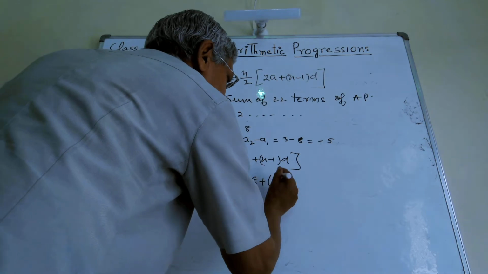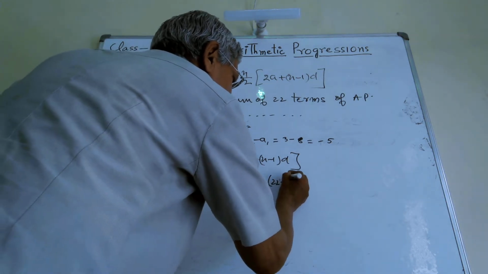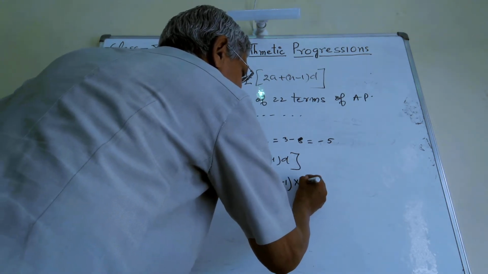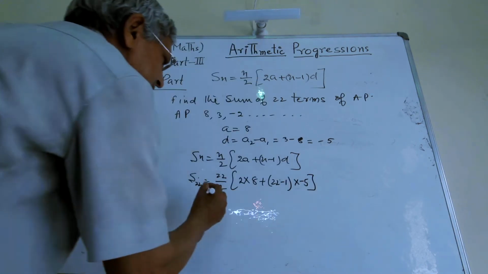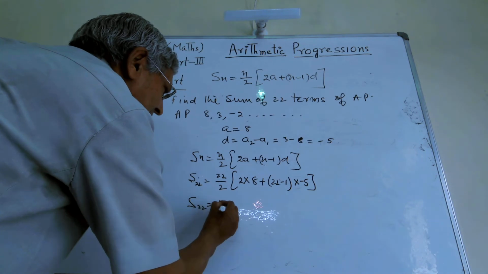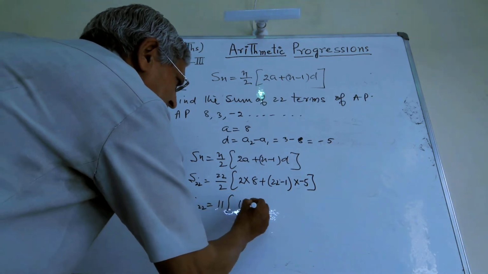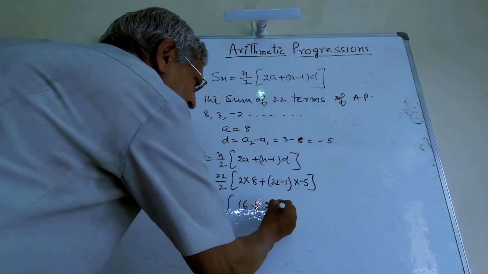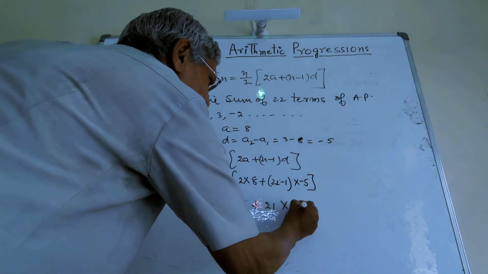What is n? 22, minus 1. What is d? Minus 5. S22 is equal to 11, 16 plus 21 into minus 5.